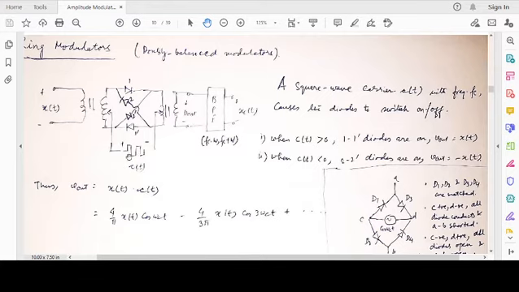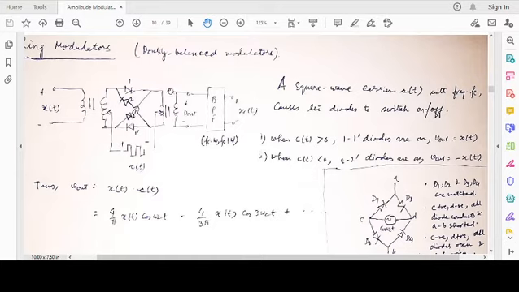When c(t) is less than 0, you have a lower voltage here and a high voltage here. So diode 2 and 2 prime conduct. So the negative portion of the signal conducts like this.